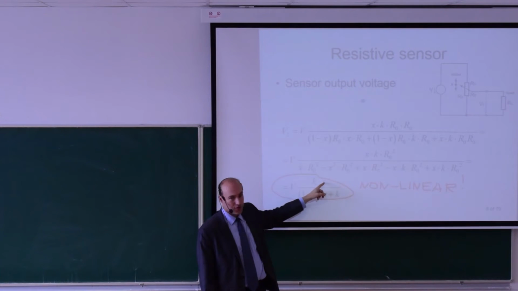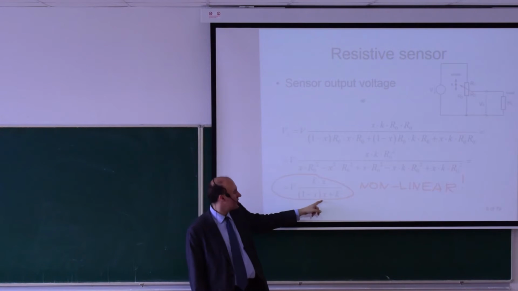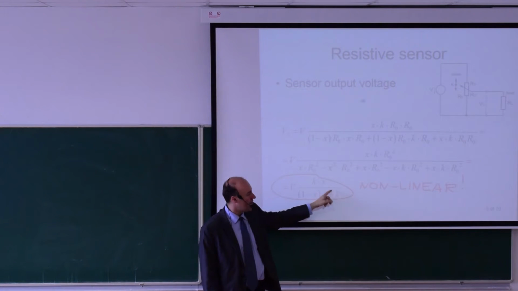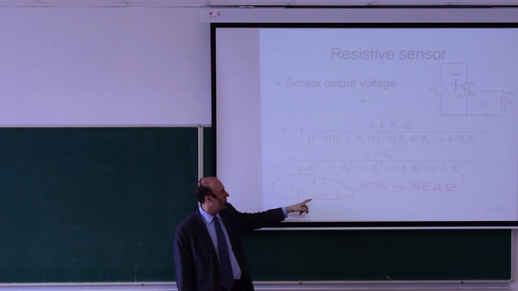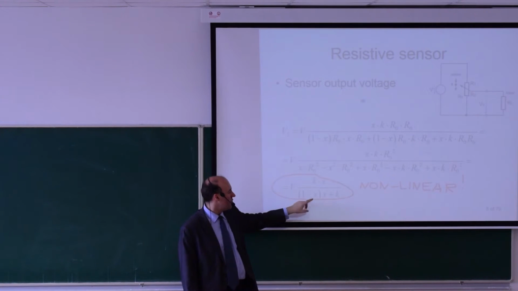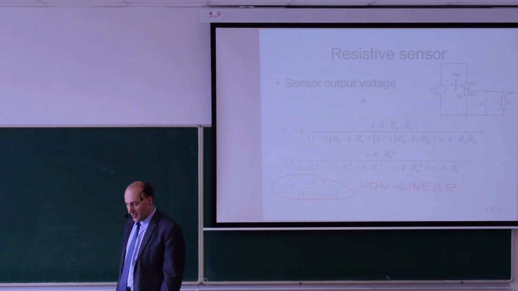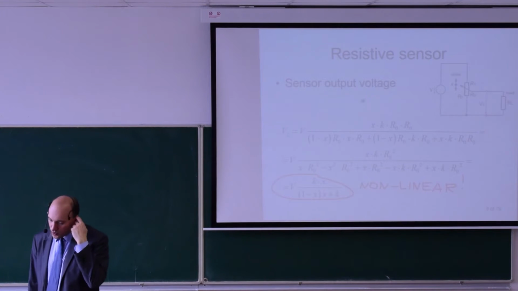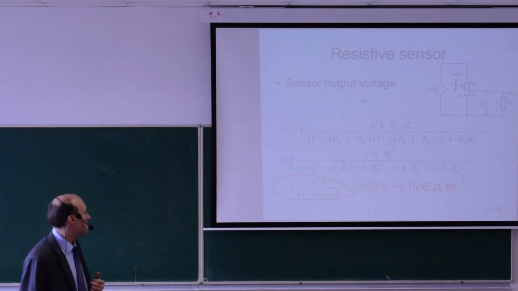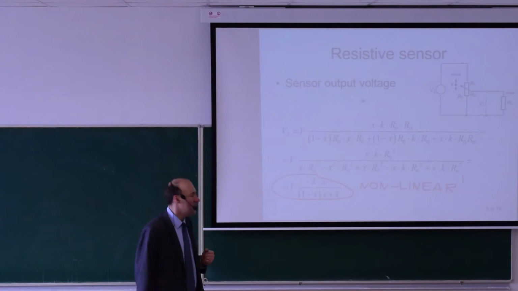It is a function of position, x, but it's a nonlinear dependence, and it's also a function of the load resistance. So in general, you see there is a nonlinear dependence. But if you use a suitable voltmeter, you may get very close to a linear dependence.